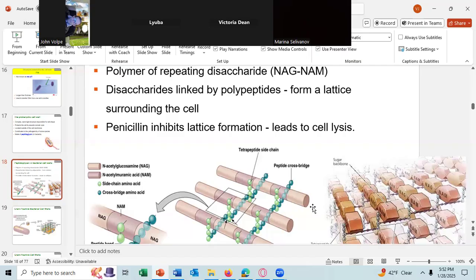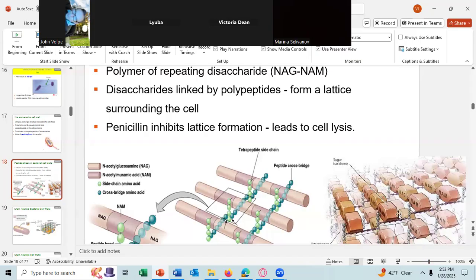Penicillin actually inhibits the lattice formation, meaning normally when we're putting down cell wall, we'll make the NAG and the NAM, and then we will link this NAG and NAM row to that NAG and NAM row with a short polypeptide chain, and the same with this row of peptidoglycan.